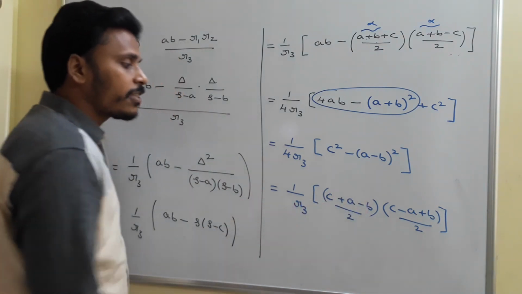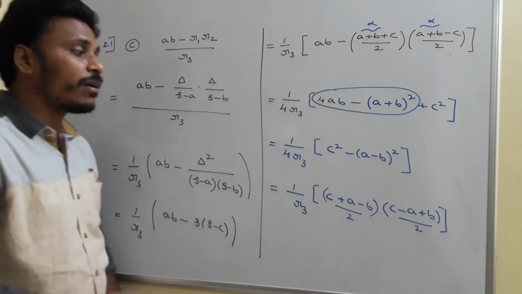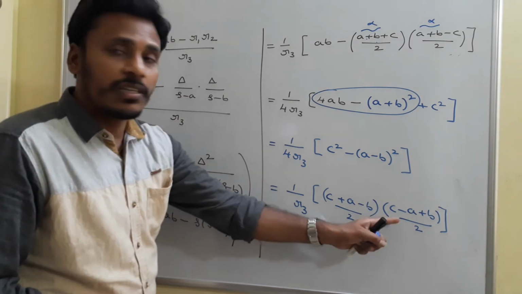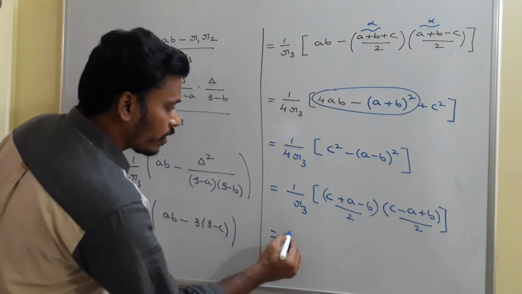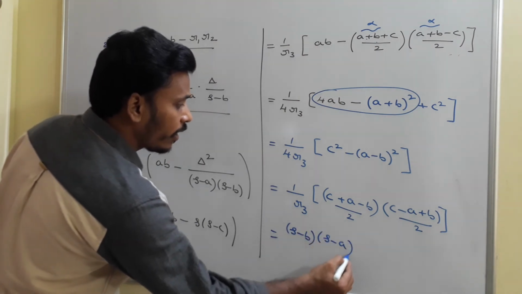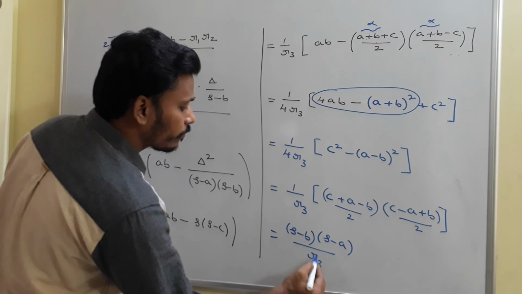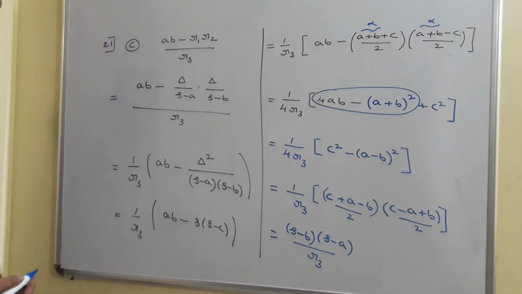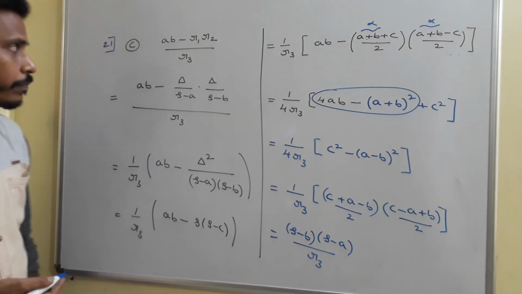C plus A minus B by 2 is what? That is nothing but S minus B, and this is nothing but S minus A. So that is equal to S minus B into S minus A divided by R3. And further we need to simplify. What is R3 actually?